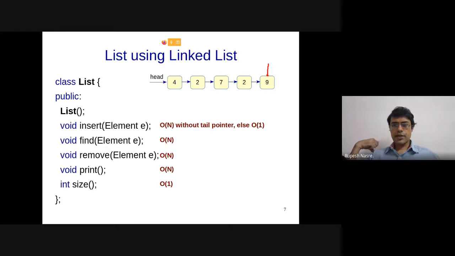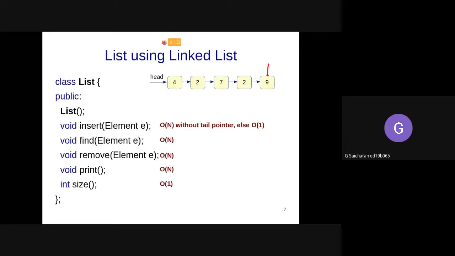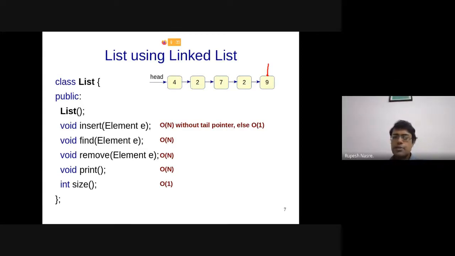That is insert at the end. Sorry, Saicharan, go ahead. Can you repeat that? Yeah, so the tail pointer is pointing to this 9 currently, and I want to insert 5 here. So I have, let's say, created a node here. 9 will start now pointing to this, because I have the tail pointer, I can make that 9 point to the new node.